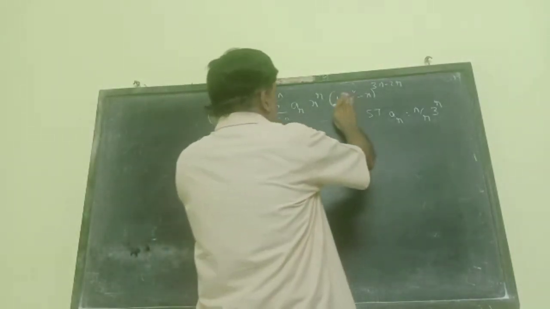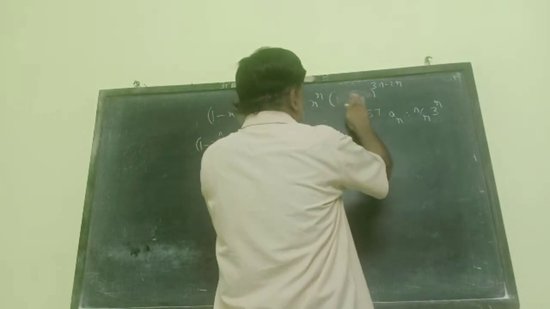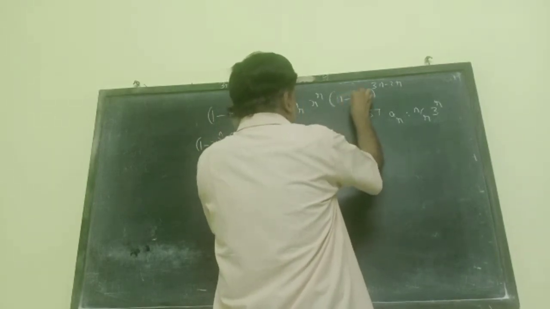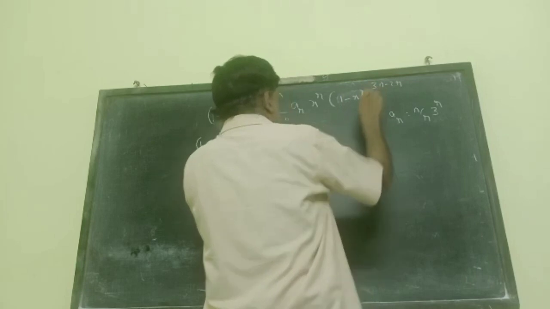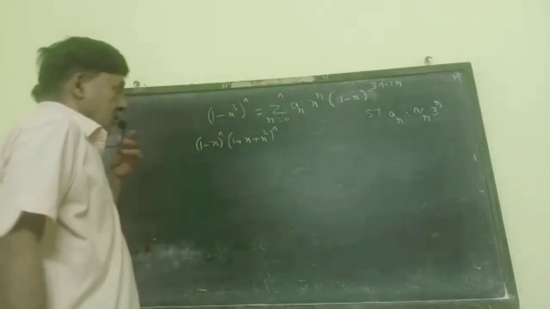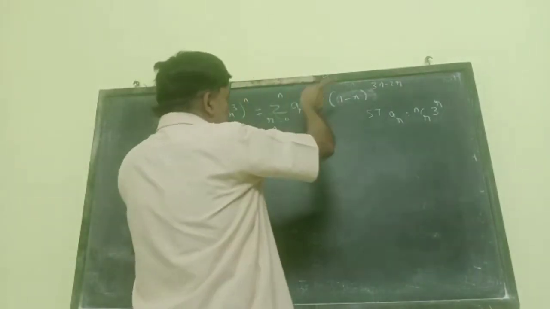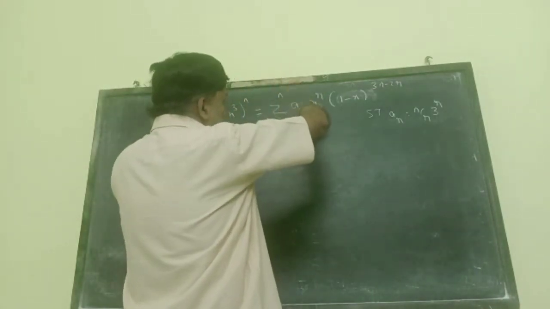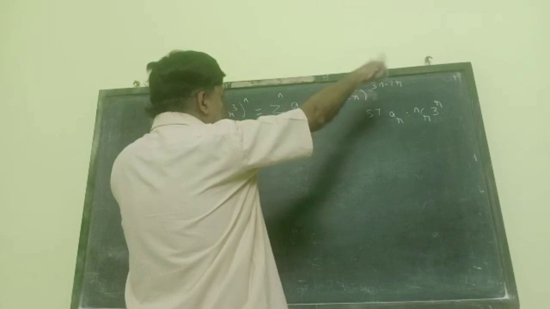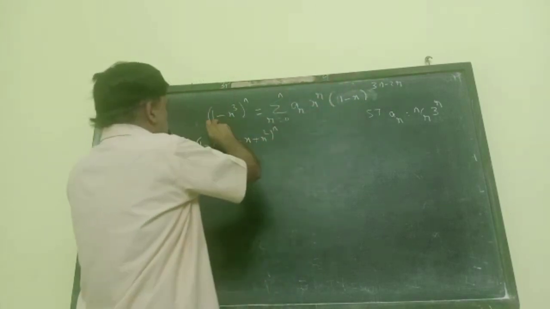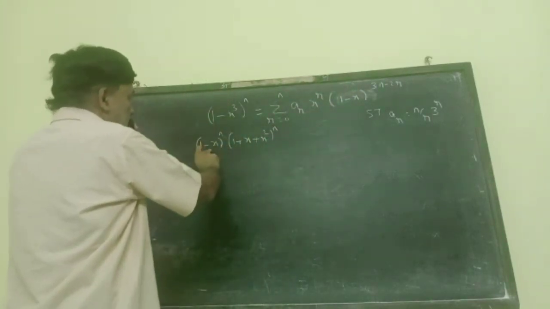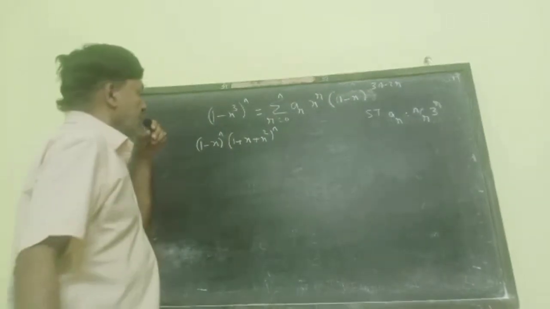So I'm sorry, please correct this. It is 1 minus x. I'm sorry. You please correct it. (1 minus x cube) whole power n is equal to sigma r is equal to 0 to n AR x power r into (1 minus x) whole power 3n minus r. See, 1 minus x cube, you can factorize it like this.